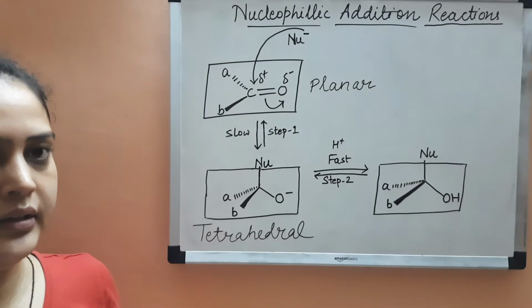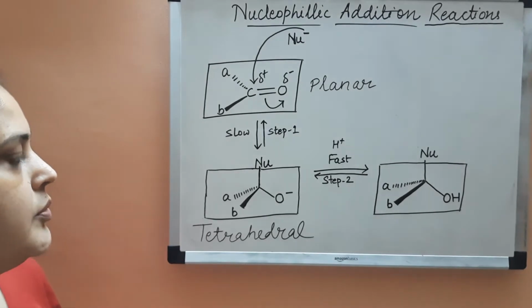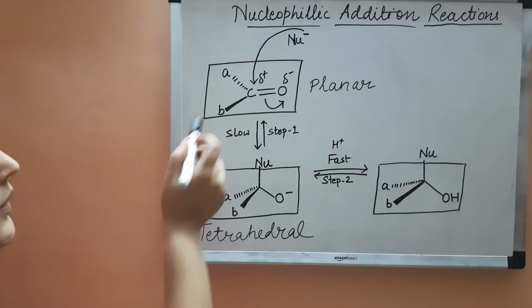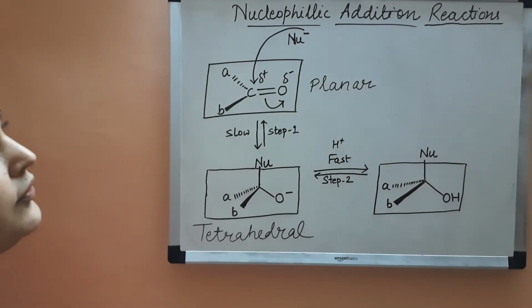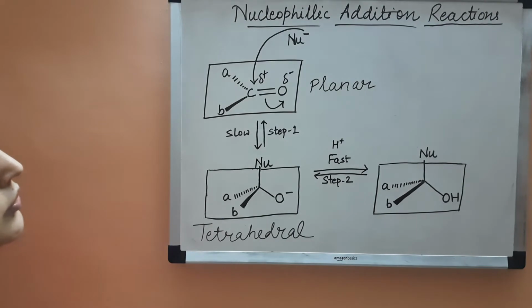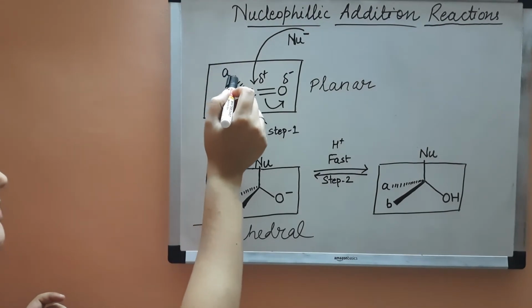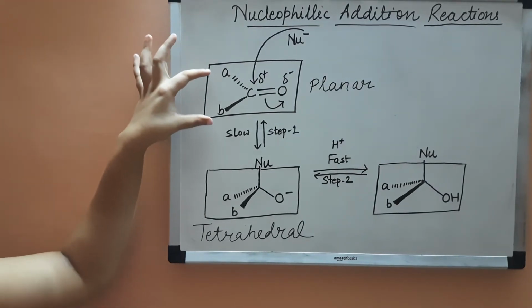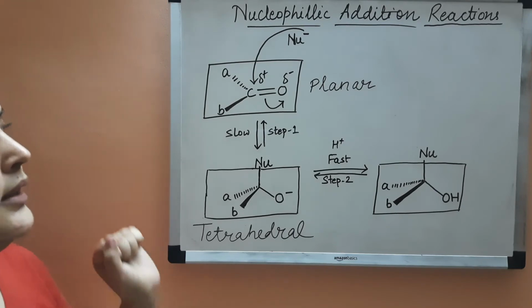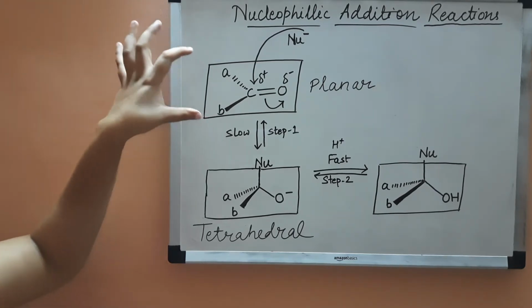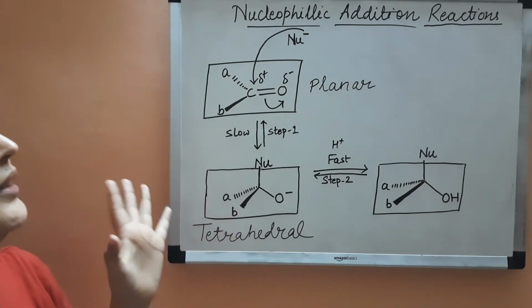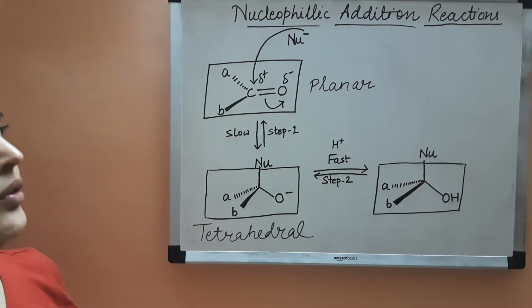First is steric hindrance. Aldehydes have less steric hindrance because one of the atoms is hydrogen instead of an alkyl group as in ketone, so the nucleophile can easily attack the carbonyl carbon. If A and B substituents are both alkyl, it will be a ketone and there will be some steric hindrance for the nucleophile to attack the carbon atom. Therefore, aldehyde readily undergoes nucleophilic addition reaction.